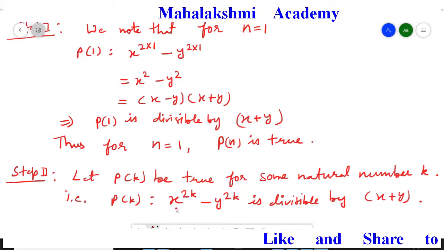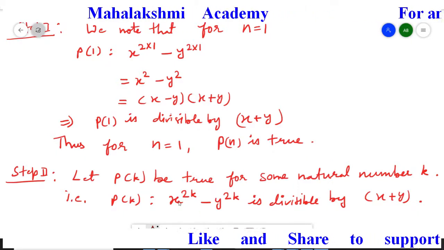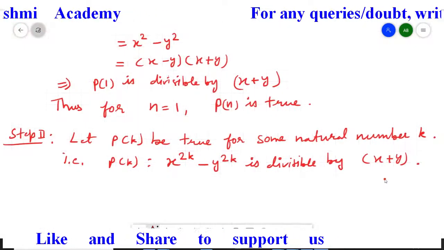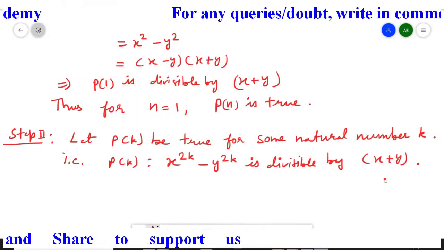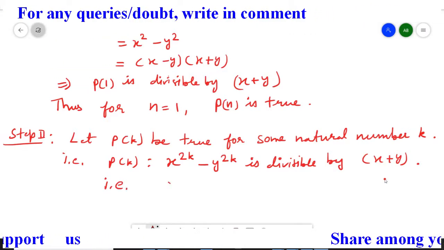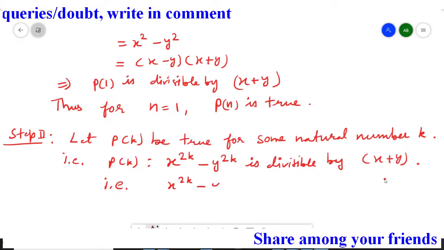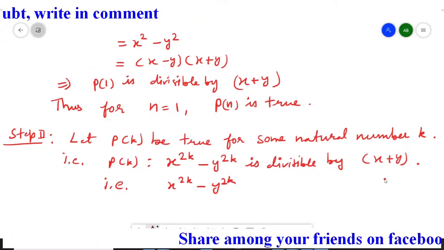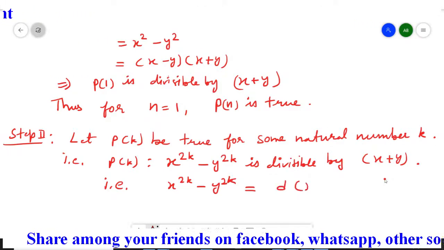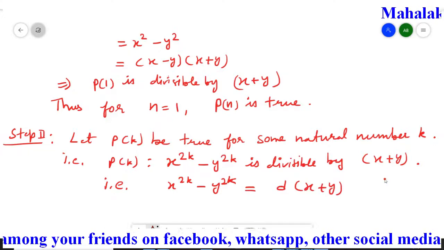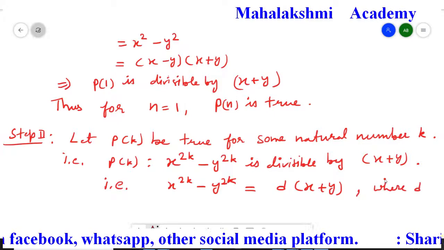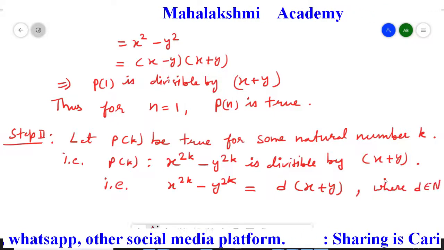Now if x raised power 2k minus y raised power 2k is divisible by x plus y, then we can write it in the form of equation, that is x to the power 2k minus y to the power 2k is equal to d multiplied by x plus y. So it's a quotient, and where d belongs to the natural numbers.